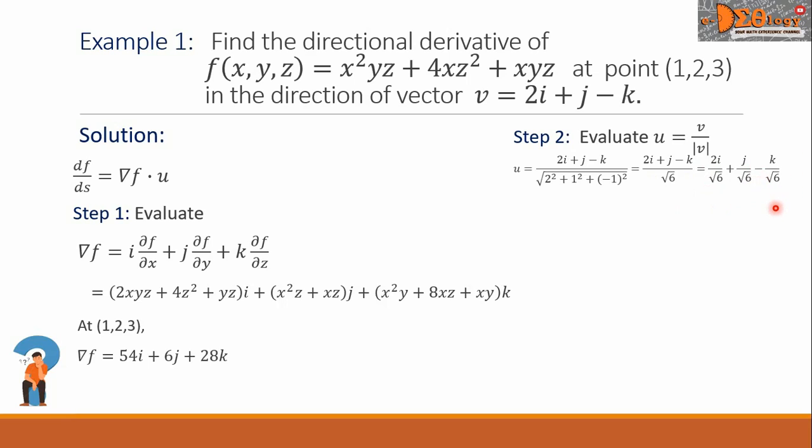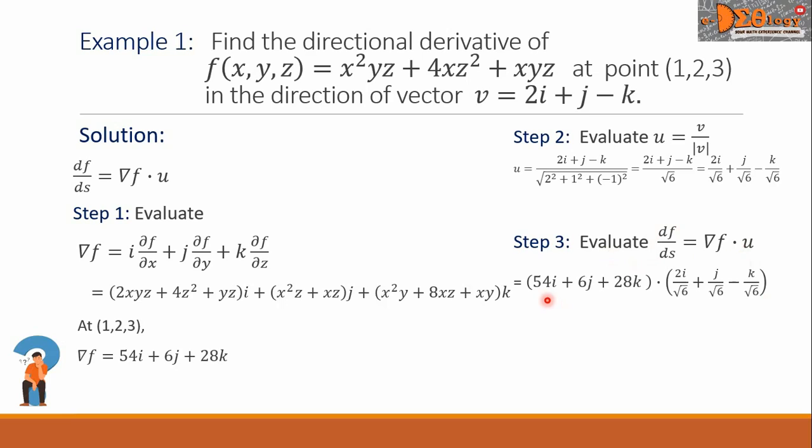Now step 3, we are now ready to evaluate the df over ds, that is grad f dot u. So we have this 54i plus 6j plus 28k dot 2i over square root of 6 plus j over square root of 6 minus k over square root of 6.